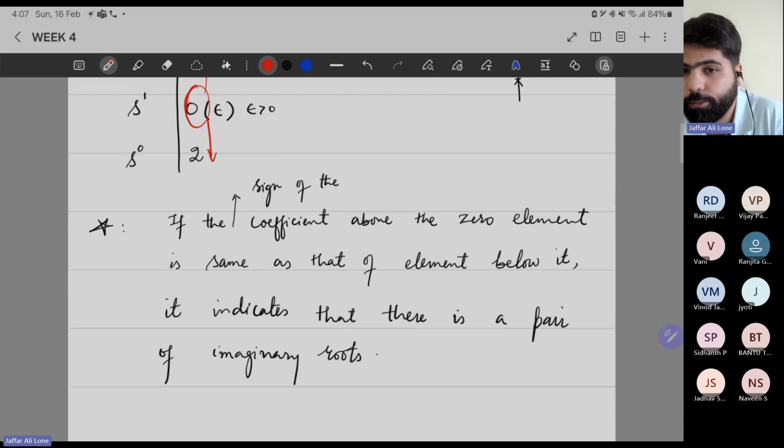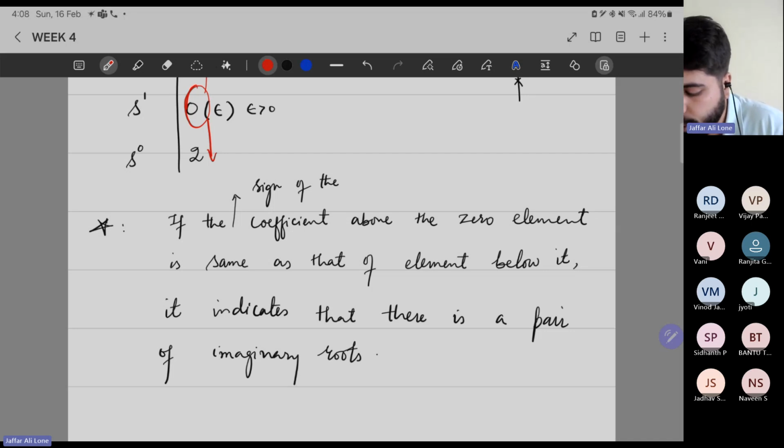So you have to solve for those imaginary roots and then conclude whether my system is marginally stable or unstable. We will soon take cases where there comes a row of zeros, then we make an auxiliary equation and solve that auxiliary equation, which gives us the number of roots on the imaginary axis, right?